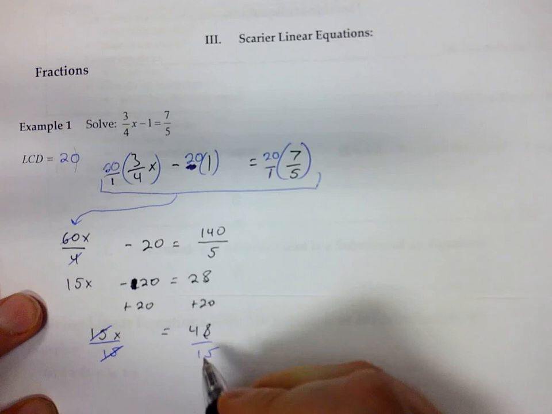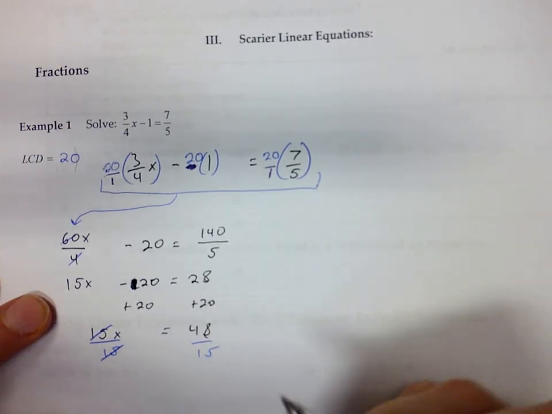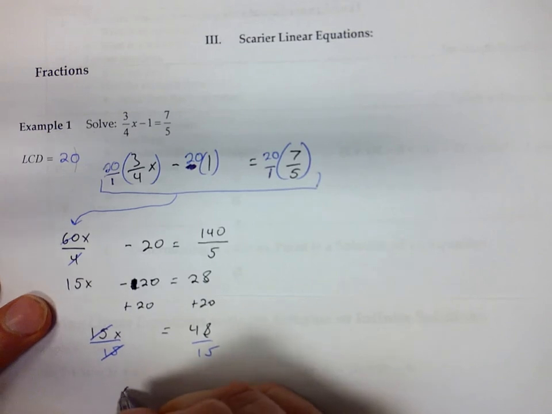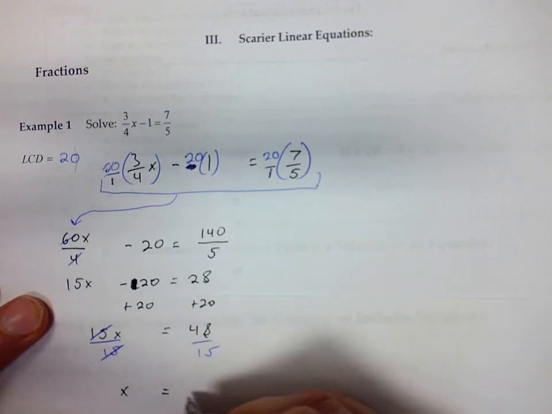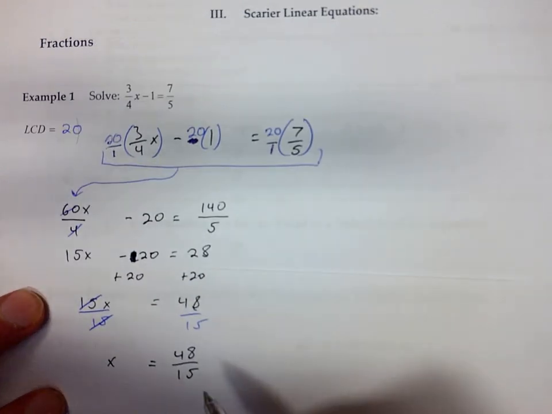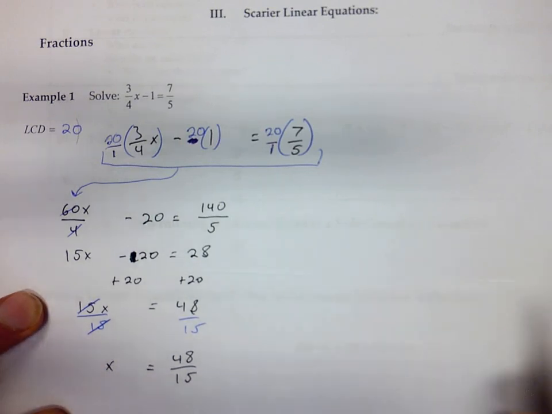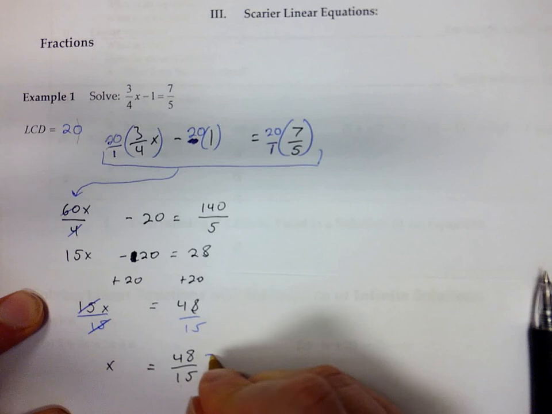On the right, 48 divided by 15, it could be some awful decimal. I don't want to write that as a decimal. Very rarely will we use a decimal in this class. Instead, we will look for a way to simplify this by pulling out a common factor. In our case, 48 and 15 are both divisible by 3.